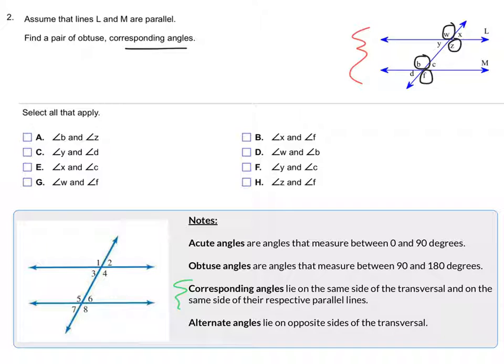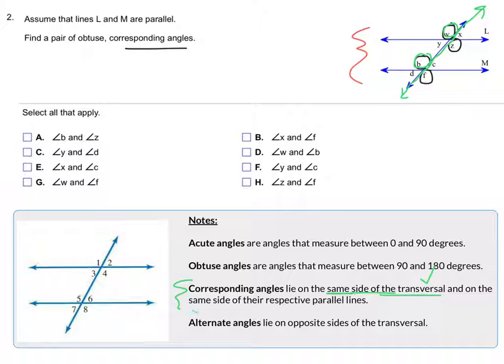First, they have to be on the same side as the diagonal line, which is called a transversal. If we look at this diagonal line here, we can see that W and B both lie on the left side of the line. So that fits that condition.